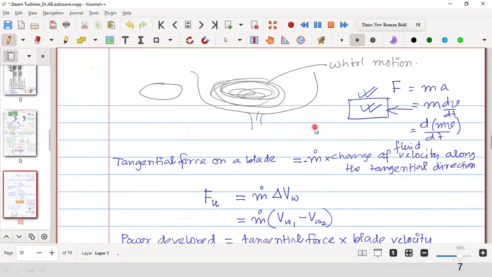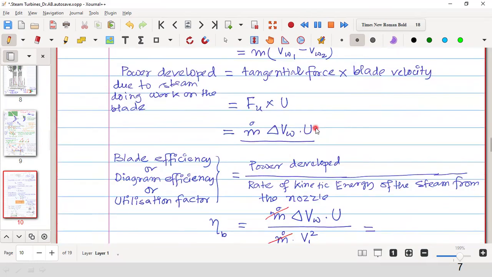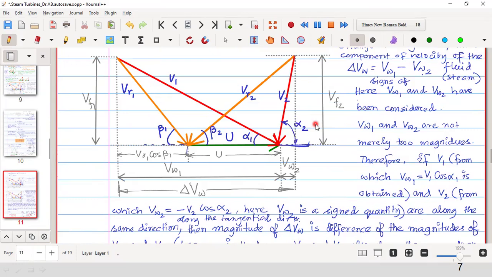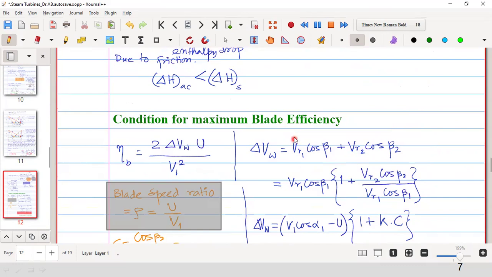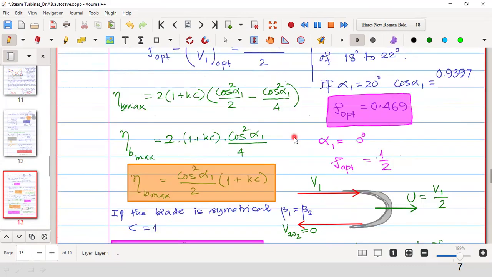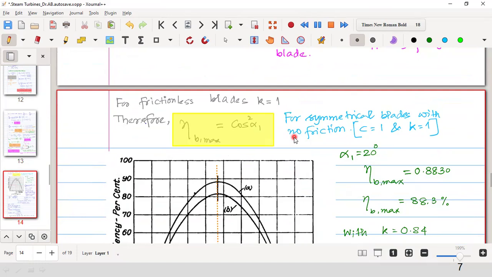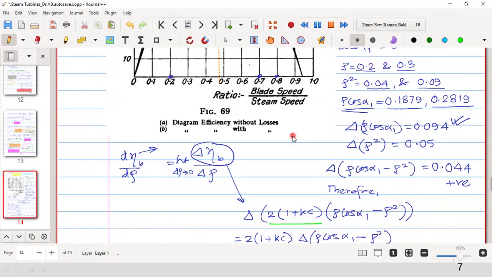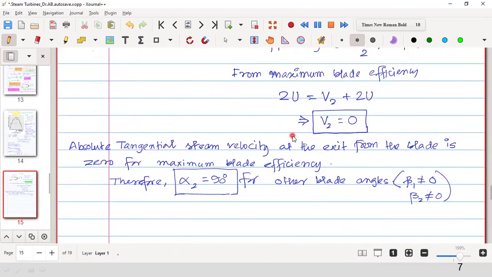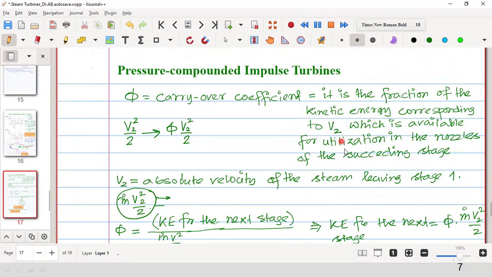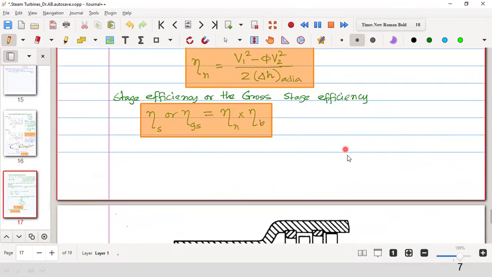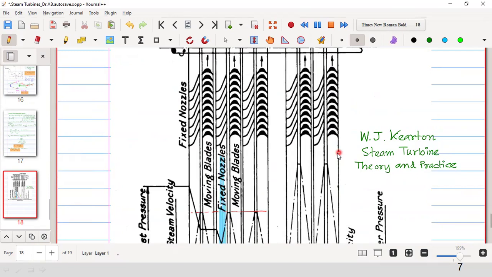Mean diameter is required to calculate the blade velocity U. So what is blade velocity? It is R omega, because this is a rigid body having circular motion, and the point on the blade will have a circular motion, and therefore the velocity is equal to R omega in the tangential plane.